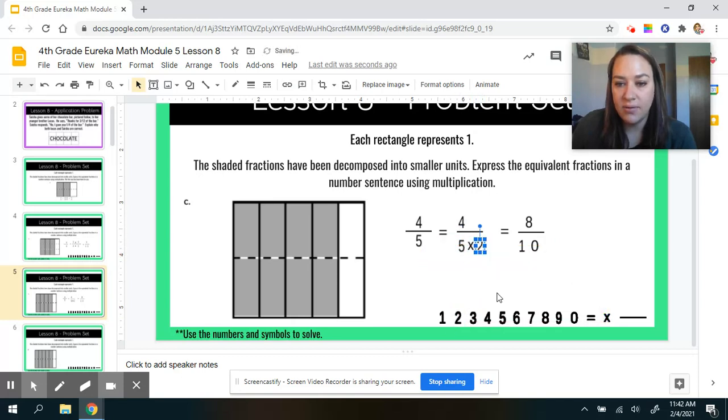I keep saying how our basic facts are not going to go anywhere. So 4 times 2 gives us that new numerator of 8. 5 times 2 gives us that new denominator of 10. So we could say 4/5 is equal to 8/10. They are equivalent fractions.